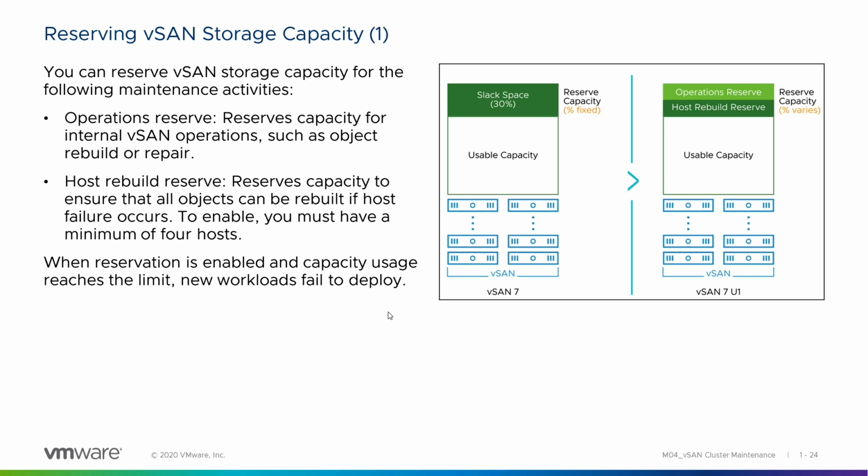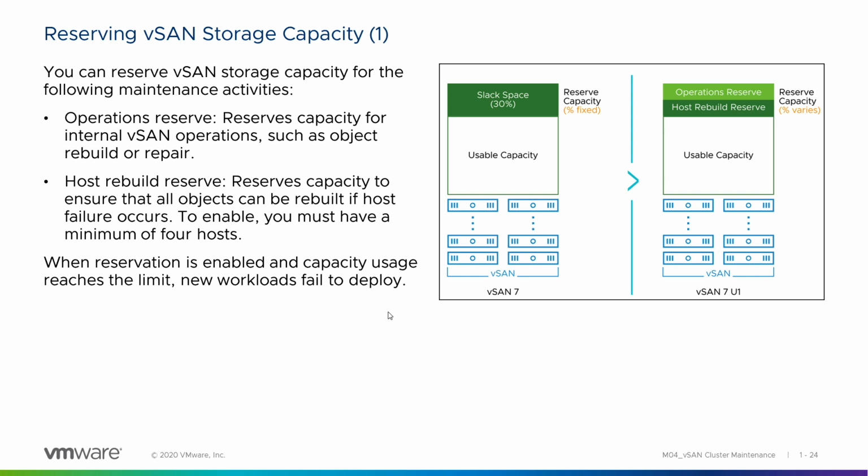So, we talked about the concept of slack space. 7.0 Update 1 gives us the ability to reserve capacity automatically. And you have two choices. We could enable operations reserve, and we could also enable host rebuild reserve.